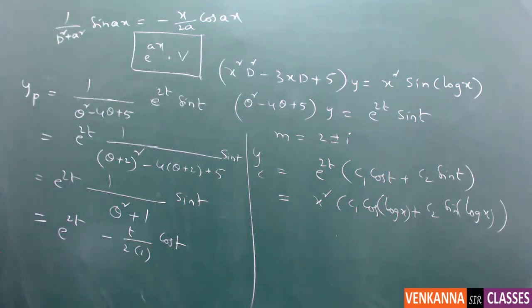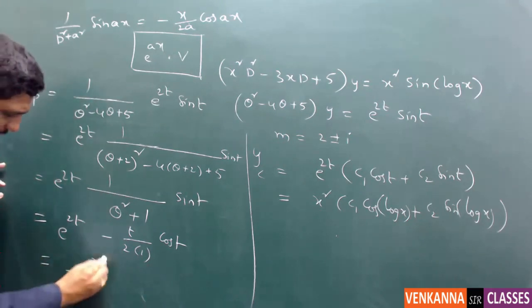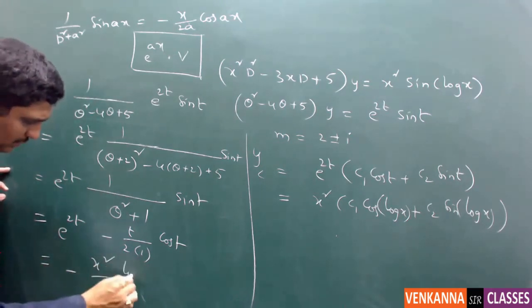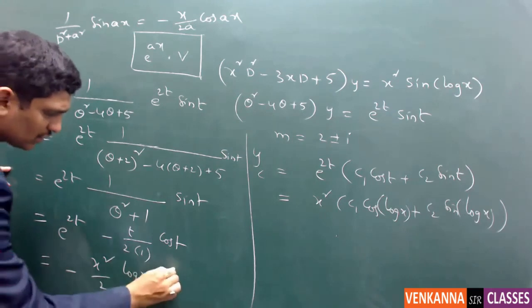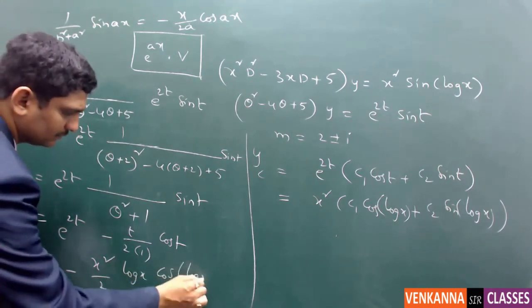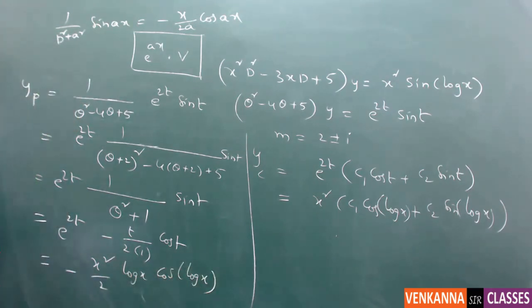Accepted? Right. Now substituting the values here, it will be minus x square by 2, t means log x, into cos of log x. And y is equal to yc plus yp is the general solution.